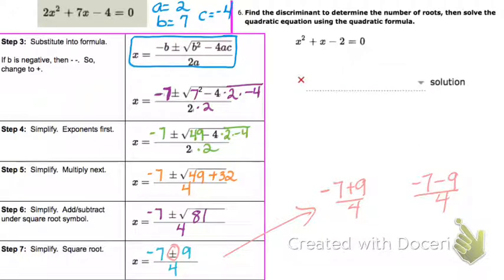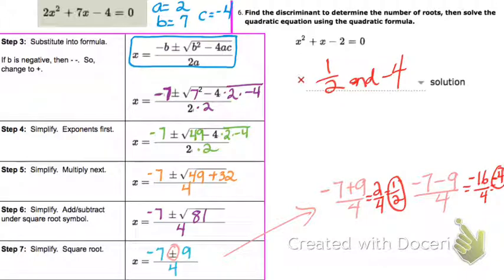Negative 7 plus 9 is 2, divided by 4 is 2/4, or 1/2. And then negative 7 minus 9 is negative 16, divided by 4, which is negative 4. So my two answers would be 1/2 and negative 4.